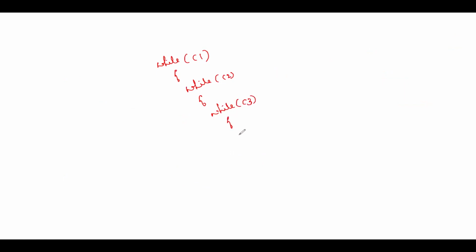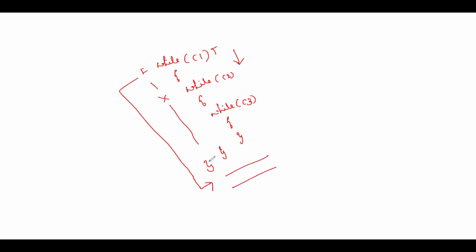Now, always remember that once this becomes true, only then I'm going to enter here. If this is false, then I'm not going to do any of this. Instead, I will directly come to the statement which is after the close bracket of this main while loop. Similarly, once I've entered here, if the condition is true, then I'm going to execute this.